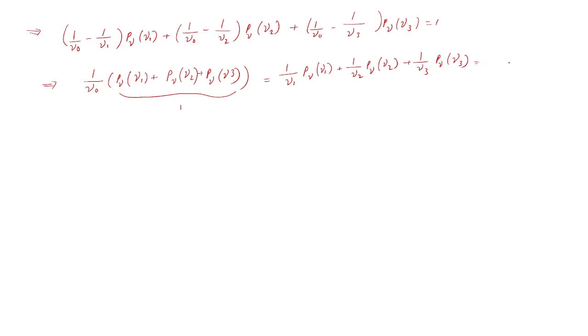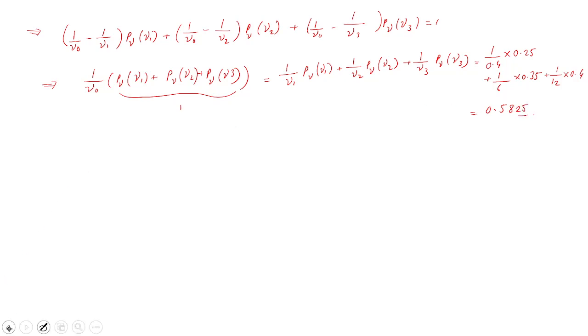This comes out to be 1 over 0.4 into 0.25 plus 1 over 6 into 0.35 plus 1 over 12 into 0.4, correct? Let me calculate it: 0.25 times 1 over 0.4 plus 0.35 over 6 plus 0.4 over 12. It comes out to be 0.5825.